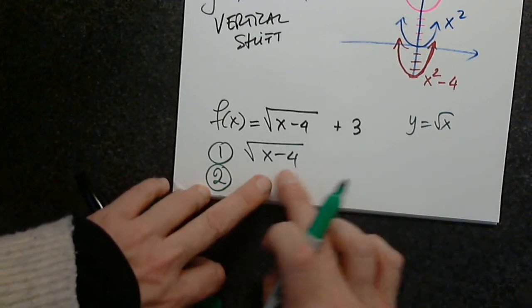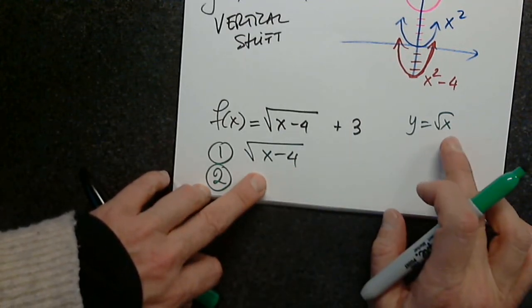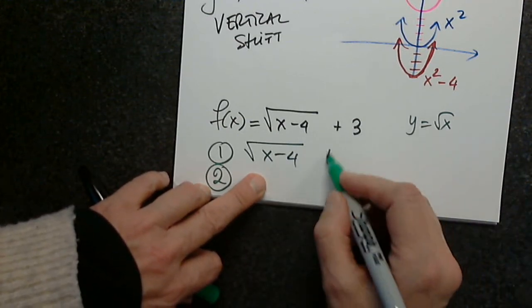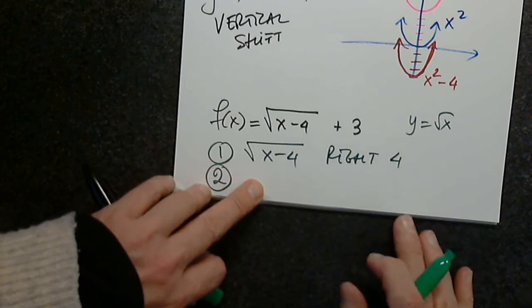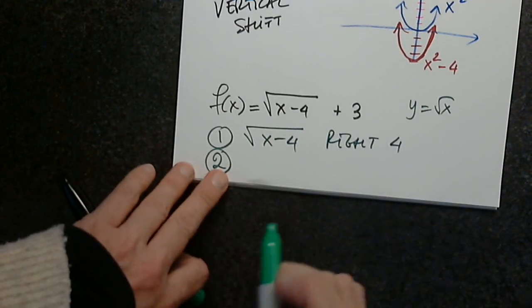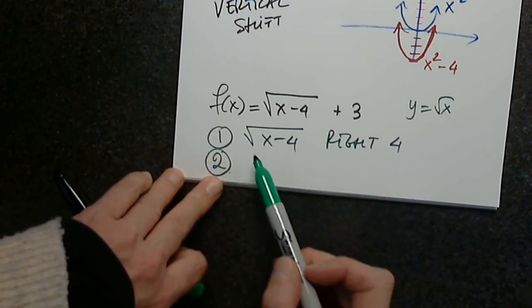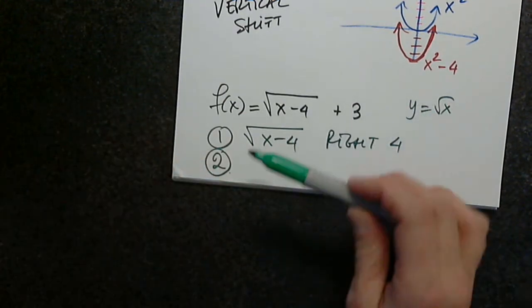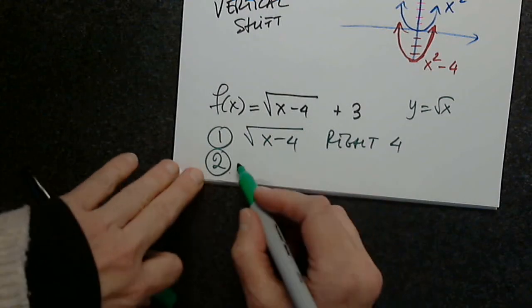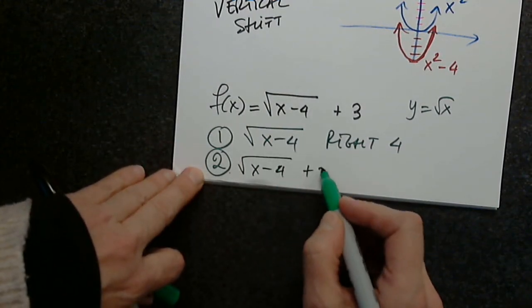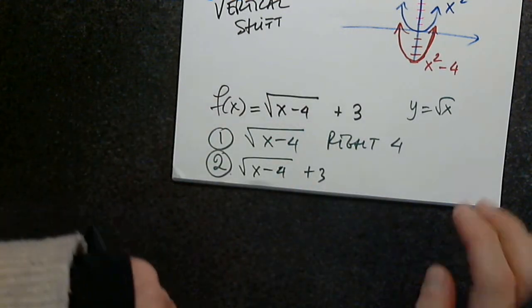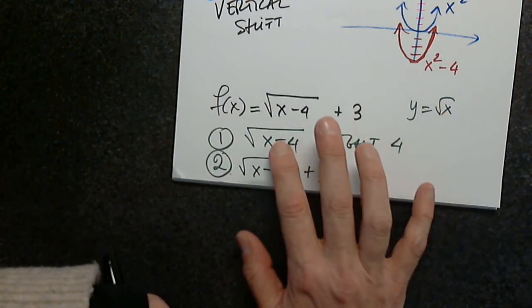What does this function do to this function? What is the transformation? Right 4. Excellent. Now, finally, transformation number 2 is on function number 1. This is gone. So now the last one, which is the square root of x minus 4 plus 3, is a transformation on this one. What are we changing now? Here we had x and then x minus 4.